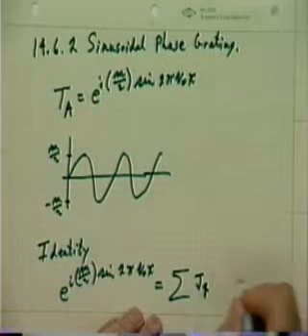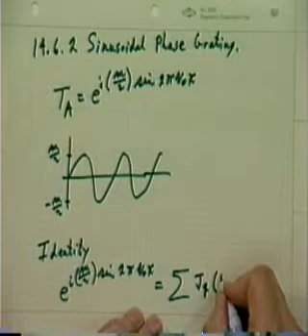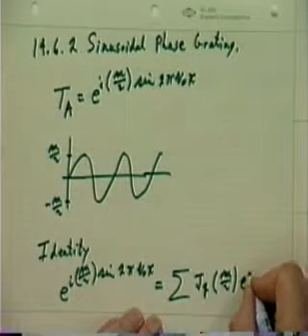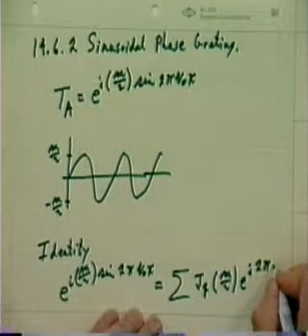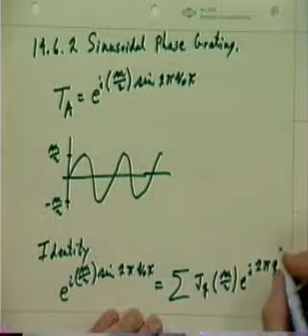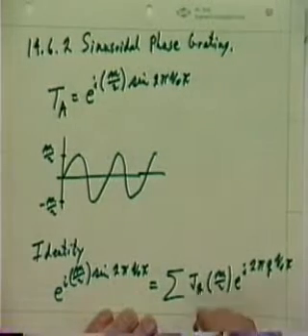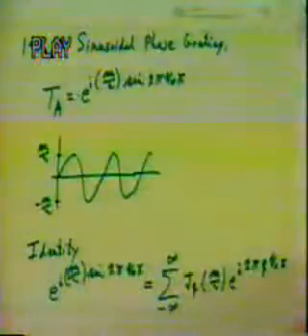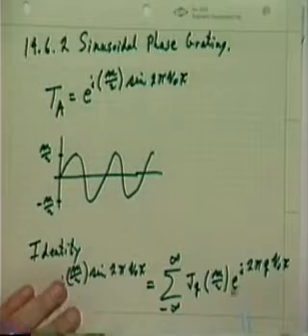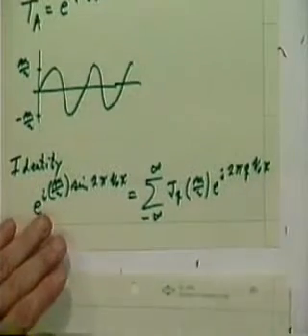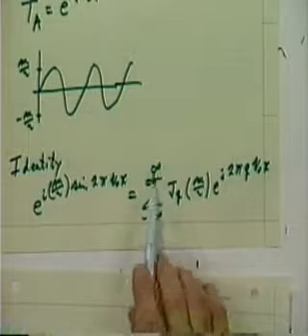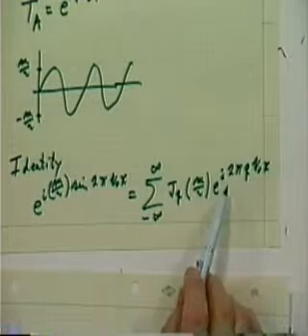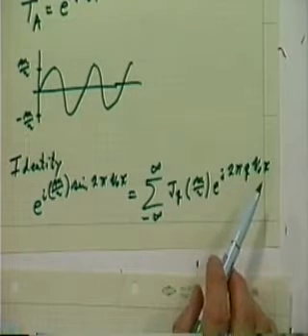So I'll say J sub q, argument m over 2, and then e to the i 2 pi q nu naught x, summing over q from minus infinity to infinity. So that's the summation over q of J sub q of m over 2 times e to the i 2 pi q nu naught x.